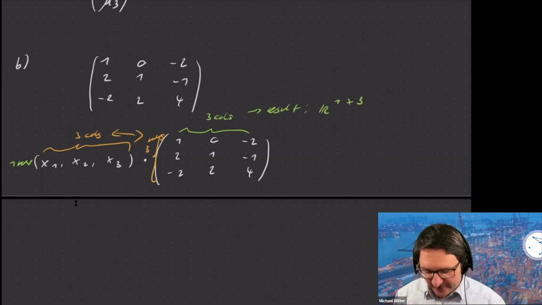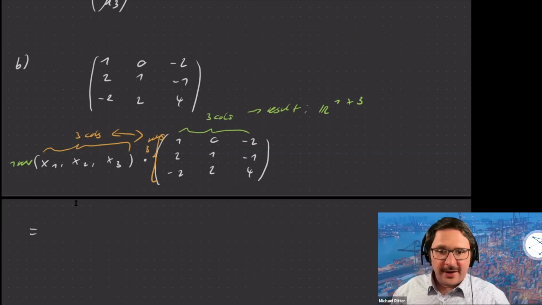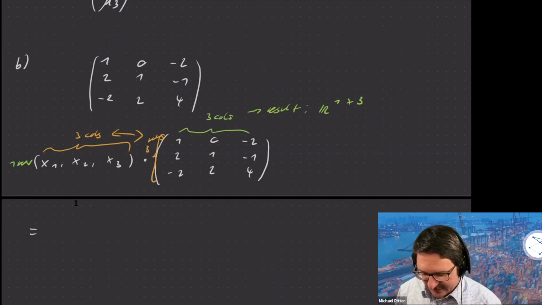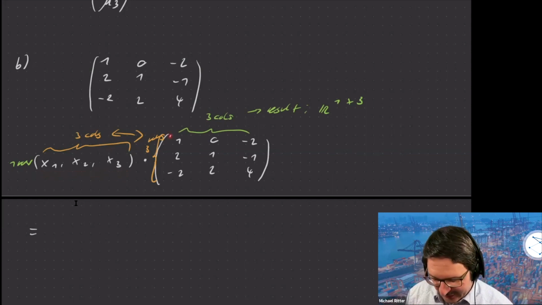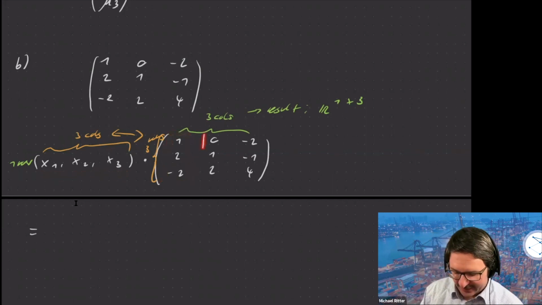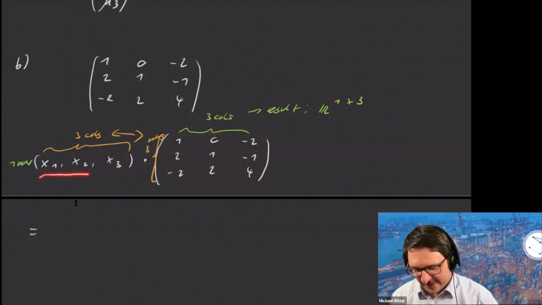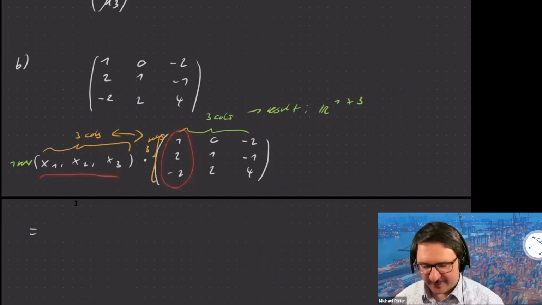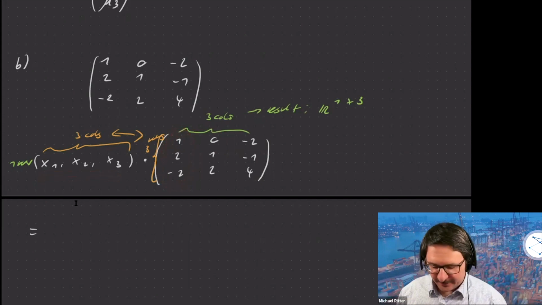And what is that row vector going to look like? Well, let's see. Now, what we have to do again is we take the rows from the left matrix and multiply these rows with each column from the right matrix. And each combination of rows from the left and columns from the right gives us 1 entry in exactly that row and column position. Right?